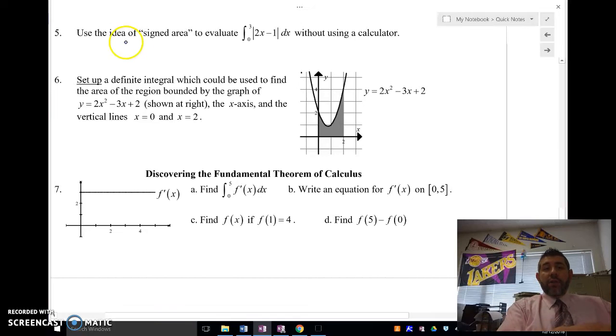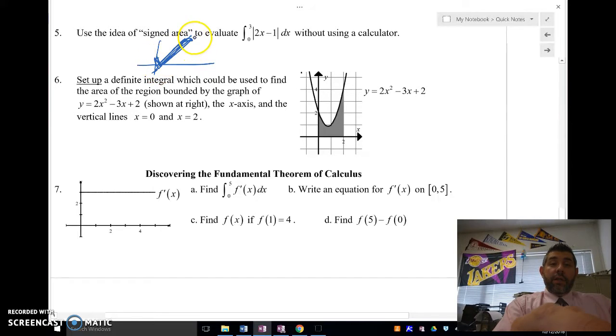So if I'm looking at the idea of signed area, in this case I'm looking at 2x minus 1, which goes like this. Sorry, that's 2x minus 1 without the absolute value. The absolute value is going to go like this, with a little check mark, right? And we're looking at this area here and the area right here from 0 to 3.